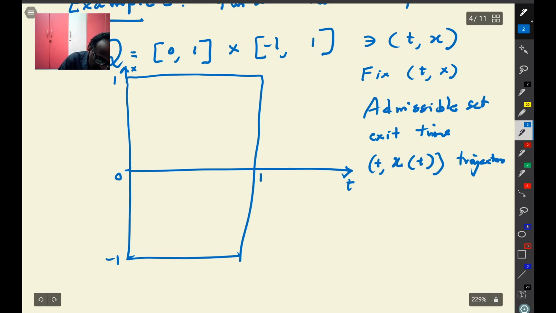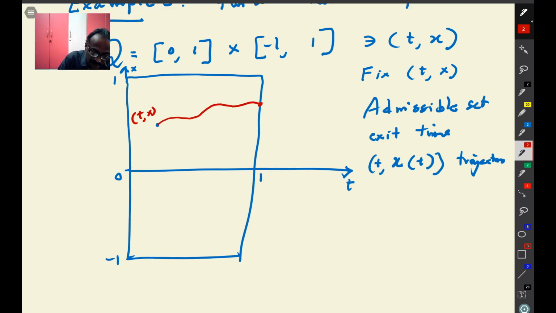So you have a point here. You fix a point x here. So you have a point (t, x) here, and you look for a trajectory. This trajectory may go something like that. So it will reach here. So at t equal to 1, you exit if that trajectory.